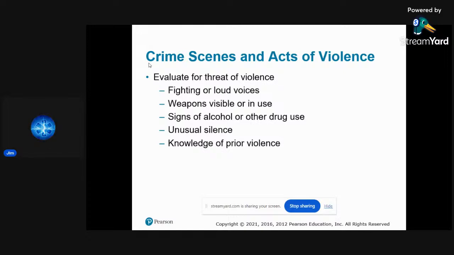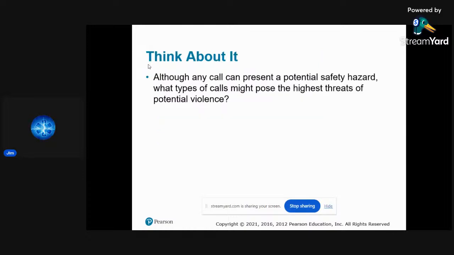Unusual silence, right? When we're on the scene of a call, we should hear noises, so unusual silence is a big key that something's wrong. And knowing that there's been prior violence at this facility or house or residence is a big key that you want to keep a high index of suspicion.